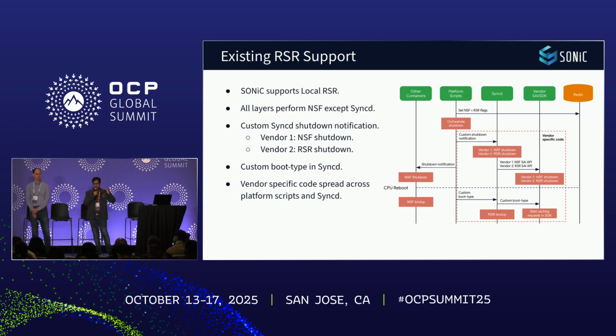If you look at the current implementation, there are custom notifications all across the switch stack, from platform scripts to syncd to the vendor SAI implementation. Similarly, during boot up, there's a custom boot up type that's passed to syncd, and based on that, it performs RSR boot up.